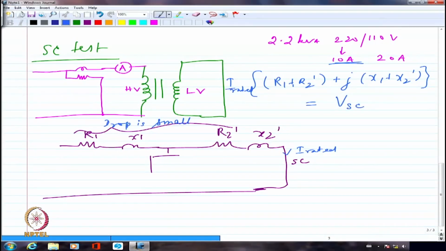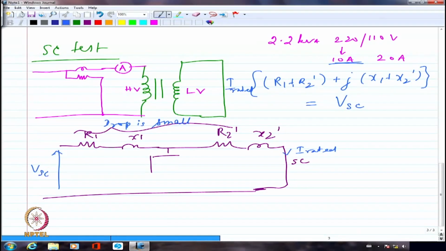Under short circuit condition, if I want to pass only rated current through the primary winding, I am reading it continuously and I don't want that to exceed the rated value. The impedance is R1 plus R2 dash plus J into X1 plus X2 dash. So that multiplied by rated current should have been the applied voltage from the primary side, so that it will only actually put the rated value of current passing through the transformer windings.